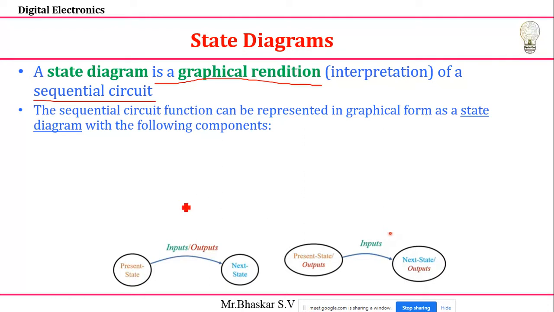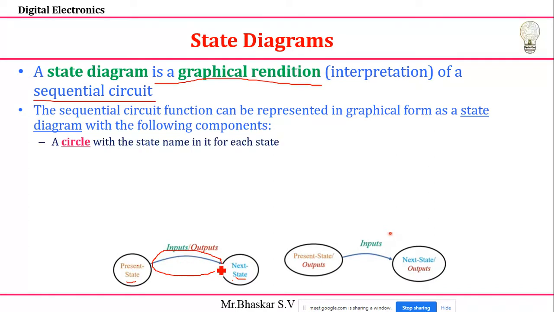If I take any sequential circuit, it has a present state and a next state, and the transition from the present state to the next state is represented by arcs. The present state and the next states, whatever the states, we are going to represent by circles. And the transition from present state to next state, based on the inputs, we are going to represent by arcs. Okay, those are the components.